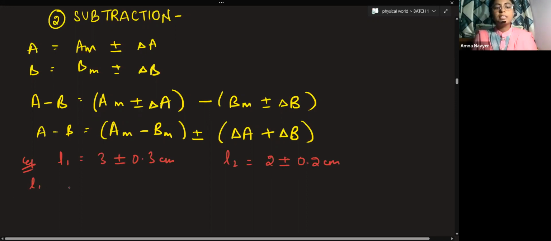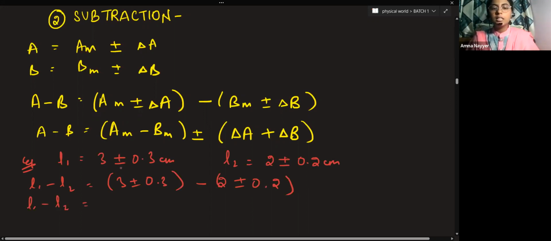Now, L1 minus L2 is what? 3 minus 2, plus minus, you have 0.3 plus... remember here only plus will come. Do make a star on it so that you remember that you have to add it only.